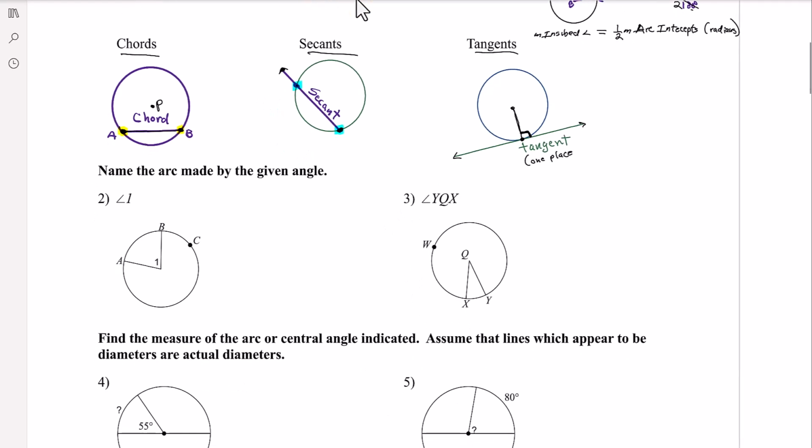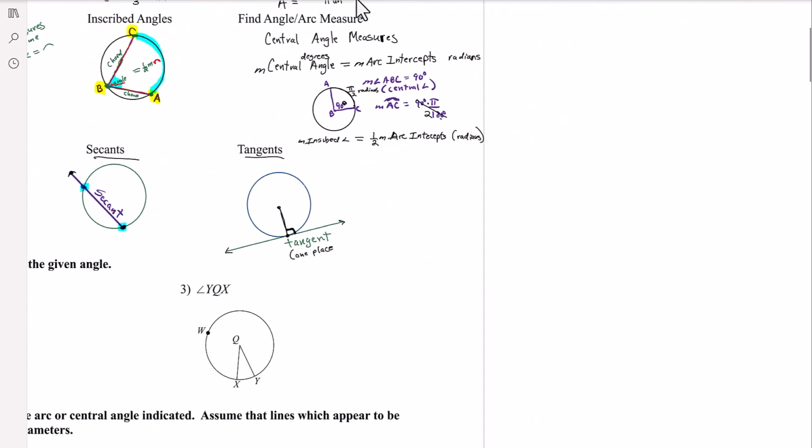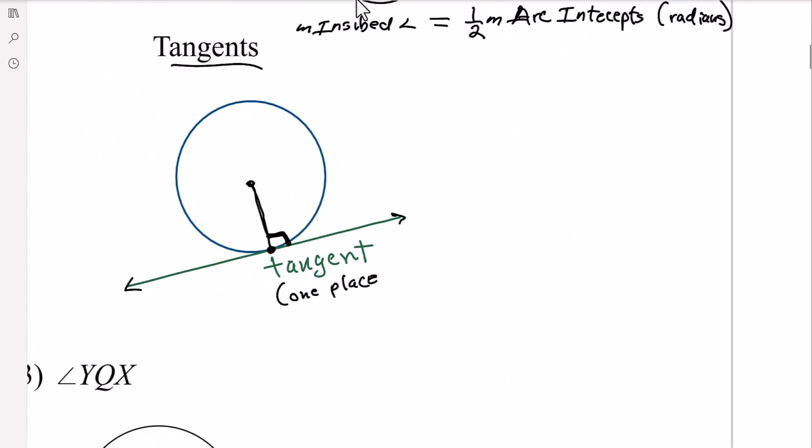Okay. So let me say that a little more clearly. The point of tangency forms a 90-degree angle with the radius where it touches the circle.